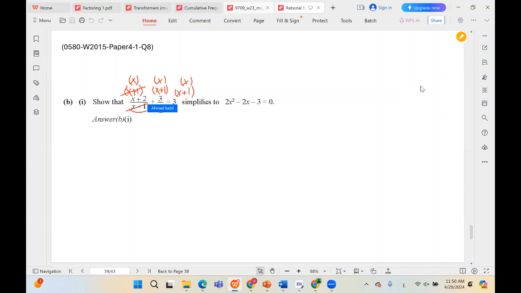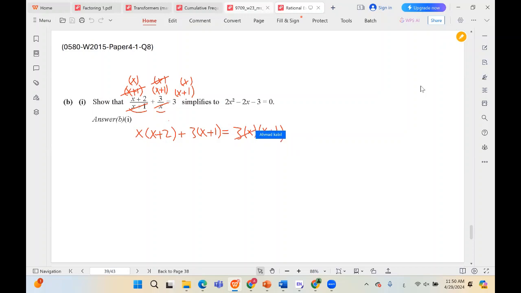So these are common, they get canceled out. And for the second one, these are common as well. So we are left with x times x plus 2 plus 3 times x plus 1 equals 3 times x first and then x plus 1.